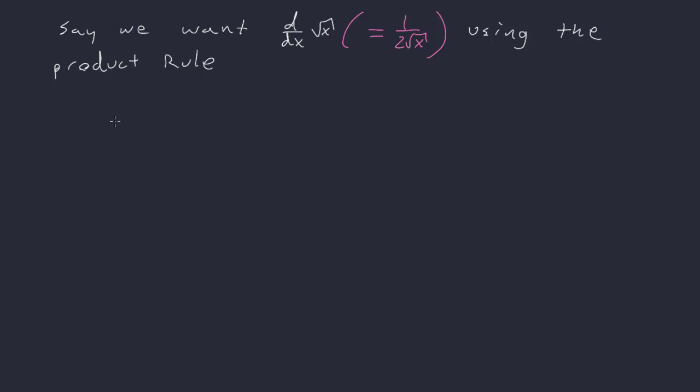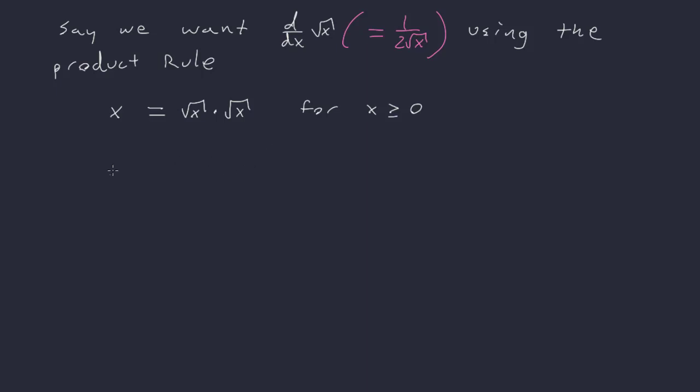What we can do is say that x is equal to the square root of x times the square root of x for x greater than or equal to 0. When you take the square root of x times the square root of x, you get x, provided x is positive.